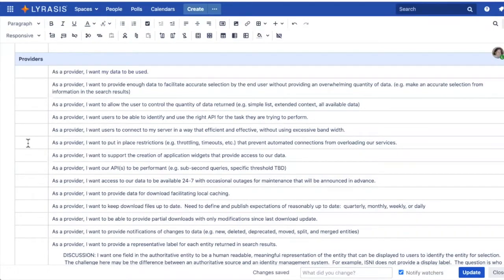Does that capture that one for you? I think so, yes. You need something like that to avoid this case where VIAF connects to a user, to discourage the load on the system.